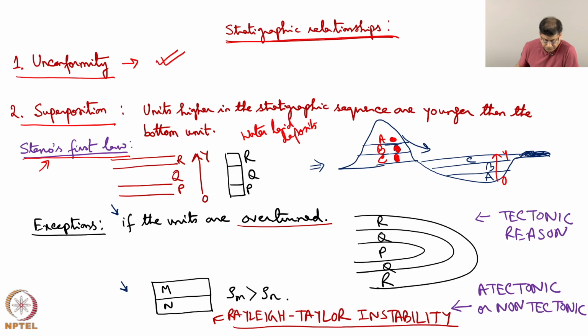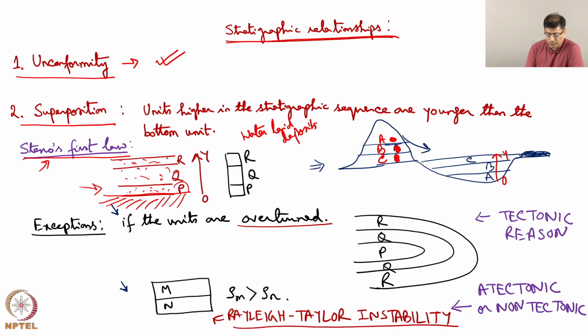This means, suppose this is the basement over which water is bringing sediments and depositing. Suppose sediment P got deposited, then Q got deposited, and then R got deposited.